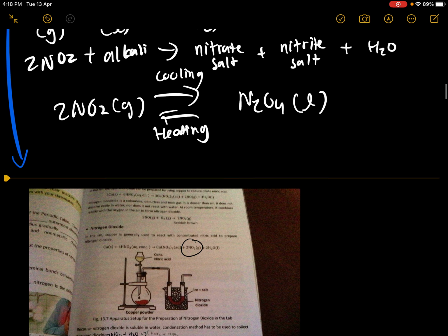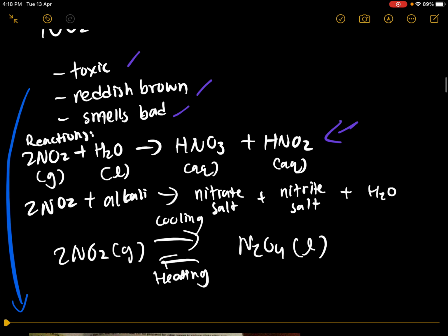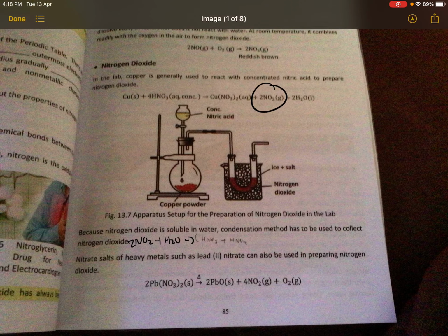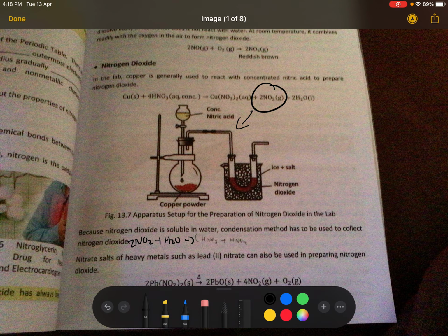Since it dissolves in water, you do not want your water to turn into acids. So you need to use the condensation method to dry out the thing, so it becomes nitrogen dioxide. I believe this is how it's done, this way.